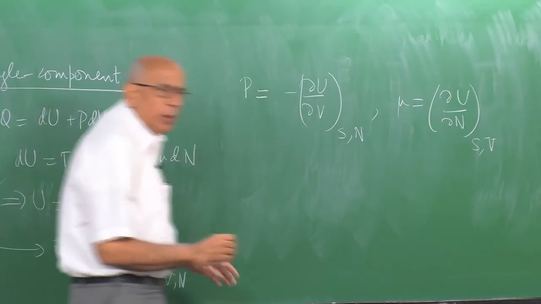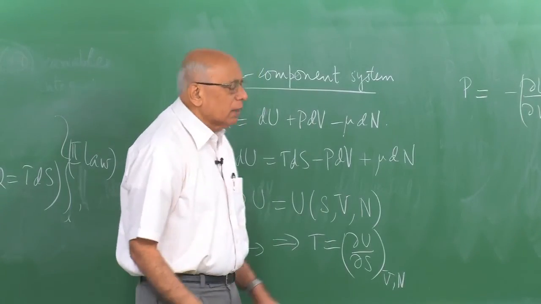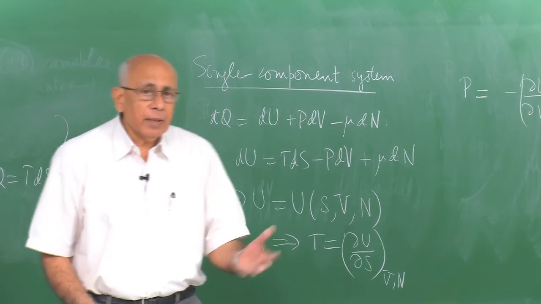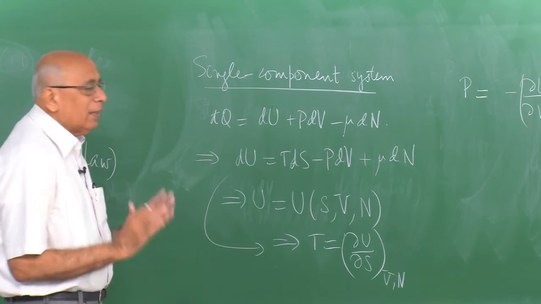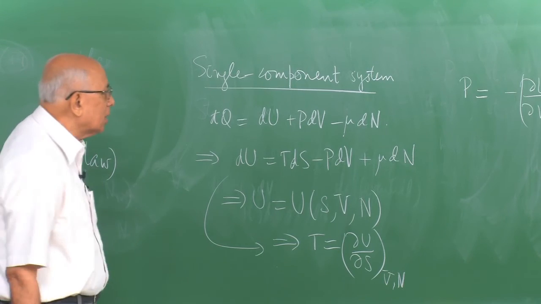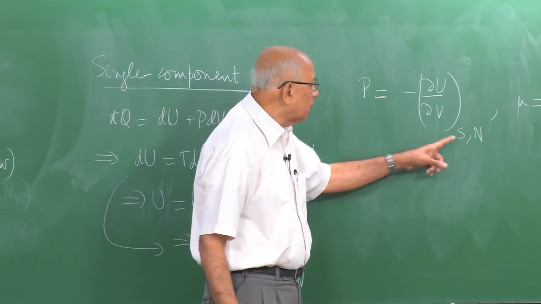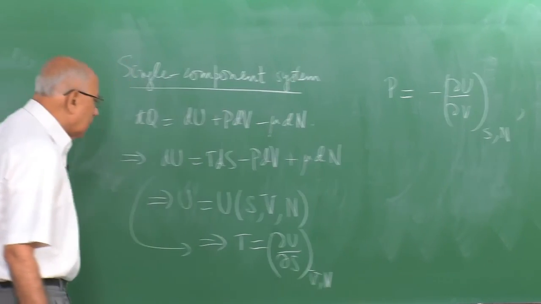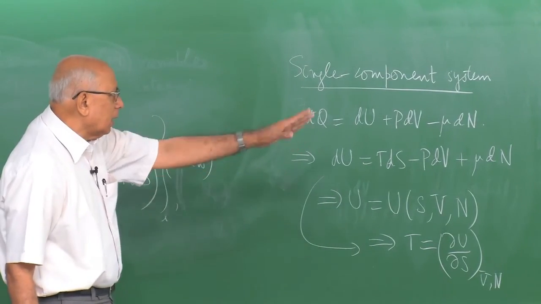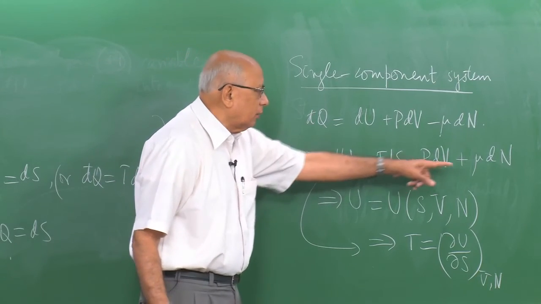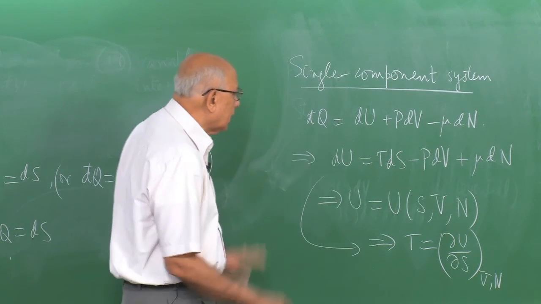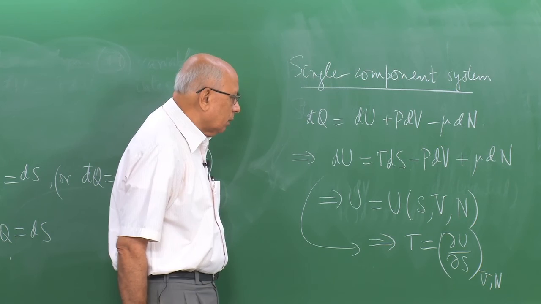This is at this stage purely mathematical, because you may ask in physical practice, how do I keep the entropy constant? That is a non-trivial question to answer, but in mathematical terms it is clear that these partial derivatives give you these coefficients. So this is the content of the first two laws of thermodynamics.